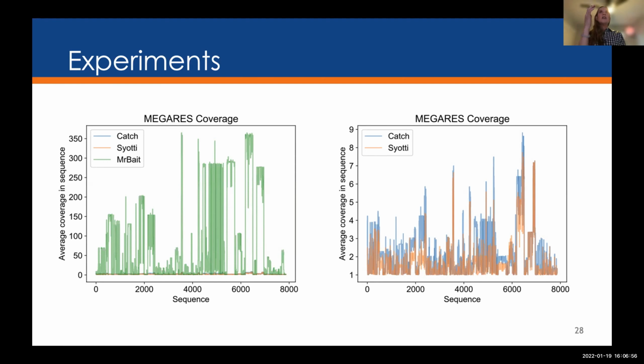If we look at the comparison with Catch and SWATI, they're a lot closer. Still, Catch is producing a lot more inefficiency within the bait design, but as far as I know, it does cover all positions within the database. Similarly with SWATI. I think the coverage was on the order of 99%.